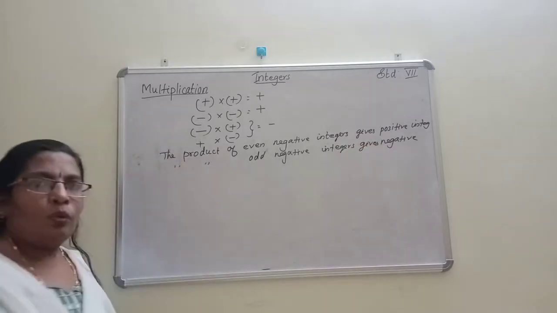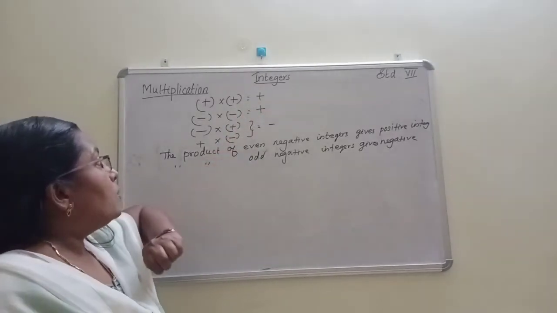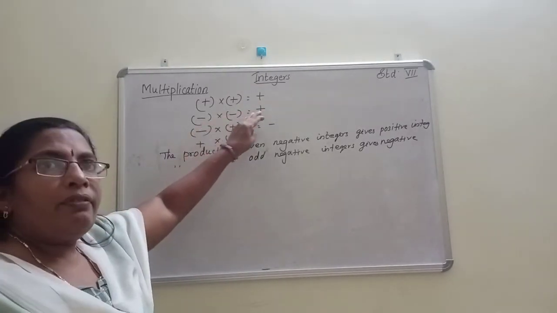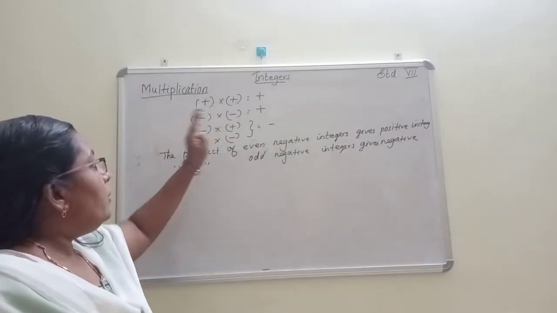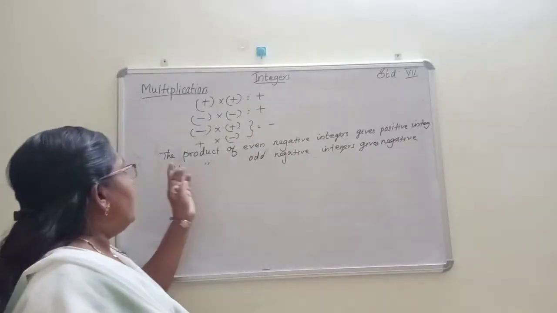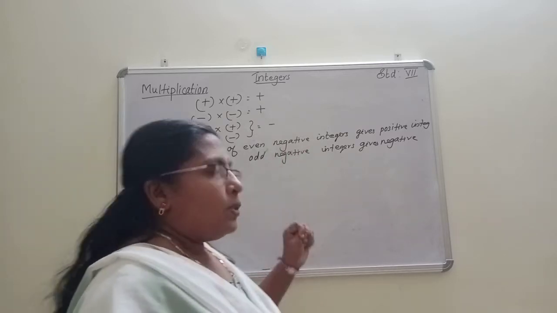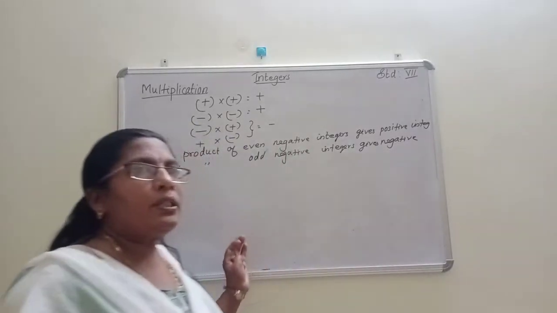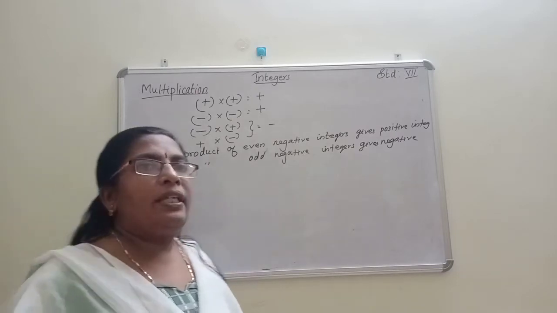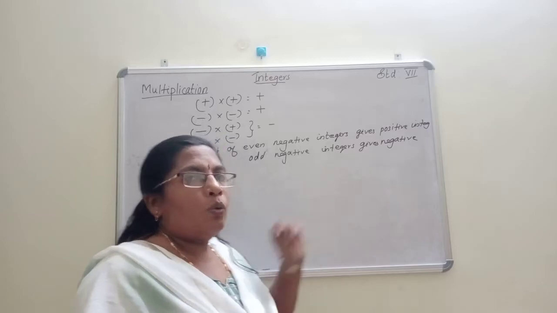These are the rules. Positive into positive is positive, negative into negative is positive, positive into negative and negative into positive gives negative. Then the product of even negative integers gives a positive integer, and the product of odd negative integers gives a negative integer. These are the rules.